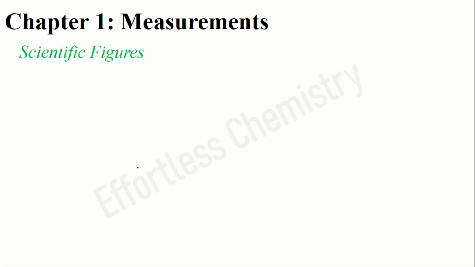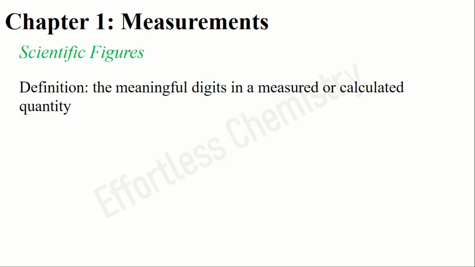For this reason, it is important to indicate the margin of error in a measurement by clearly indicating the number of significant figures, which are the meaningful digits in a measured or calculated quantity. When significant figures are used, the last digit is understood to be uncertain.